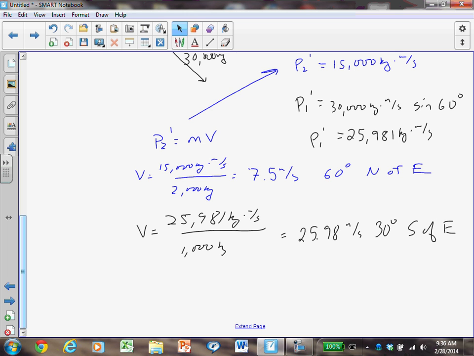So on the test, it's either going to be a problem like this, where you have a triangle that works out with the 90 degrees, or one like I did earlier, I think I did a melon exploding, an explosion one where they go off in 3 directions. So the initial is 0, and you have to add 2 of the vectors together to get the first one.